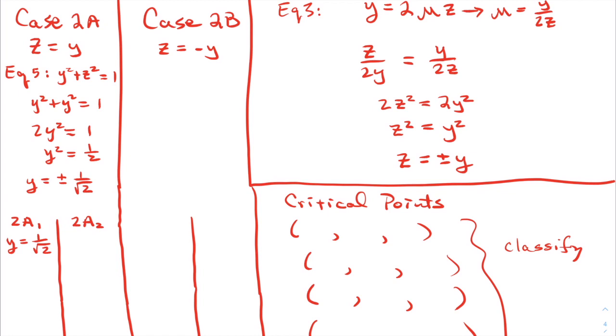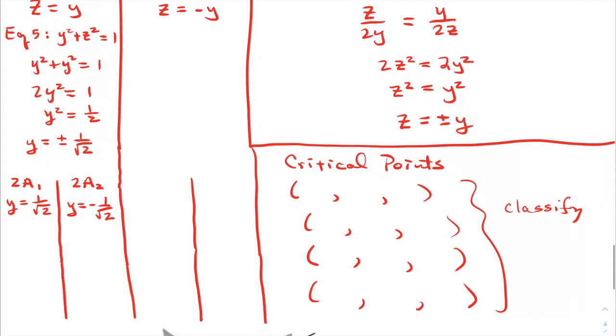And in 2a2, y is negative 1 over the square root of 2. Z is y, so in each case you can say z is whatever y was. So on 2a1, z is 1 over the square root of 2, and 2a2, z is negative 1 over the square root of 2.